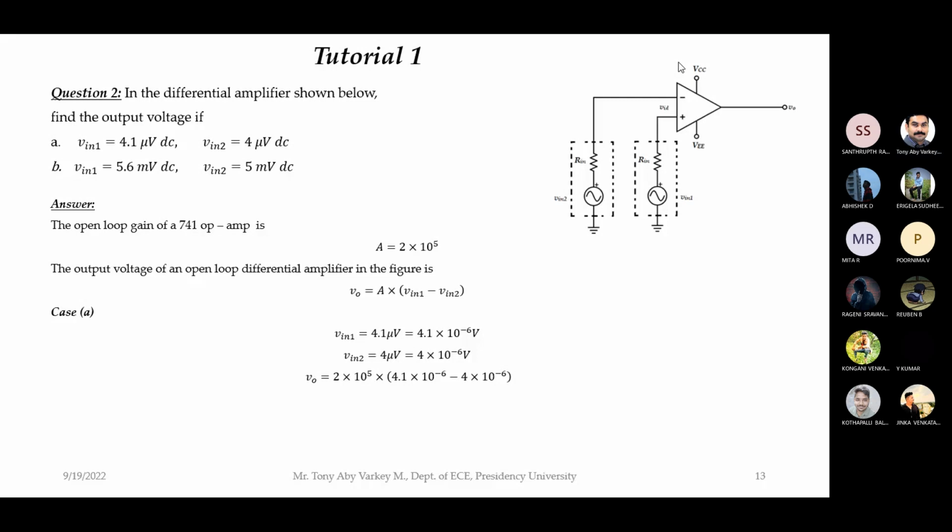How much is that? V output will be 0.02 volts.